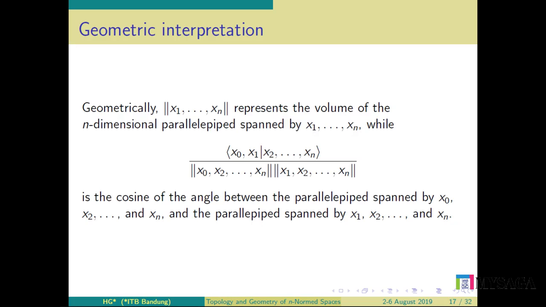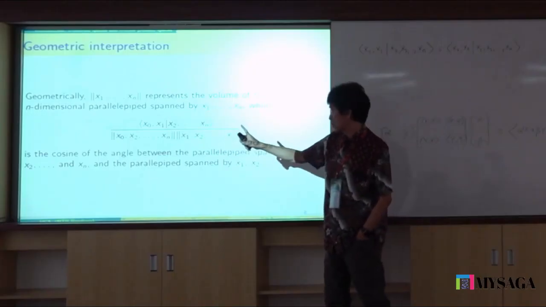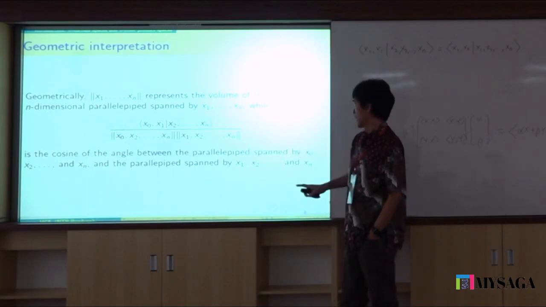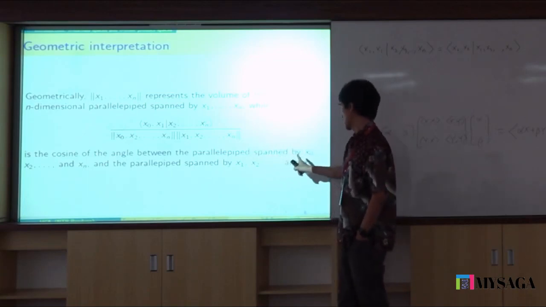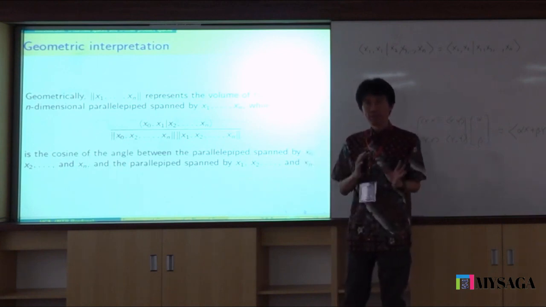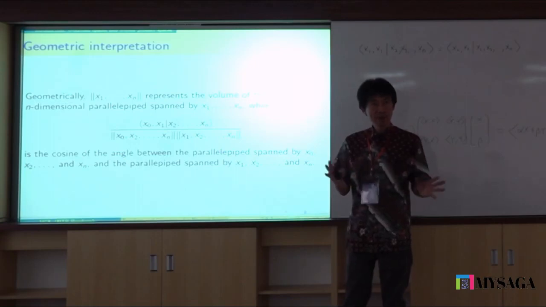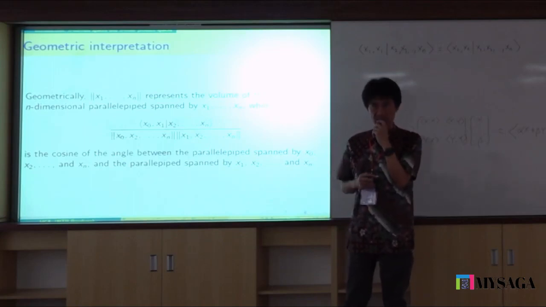This is the cosine of the angle between the parallelepiped spanned by, so the first one, spanned by x0, x2, x3, and so on up to xn. And then the second one, the parallelepiped spanned by x1, x2, x3, and so on up to xn. So the two parallelepipeds have a common intersection of n-1 dimension.